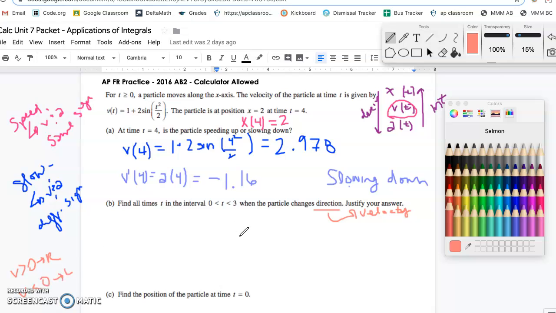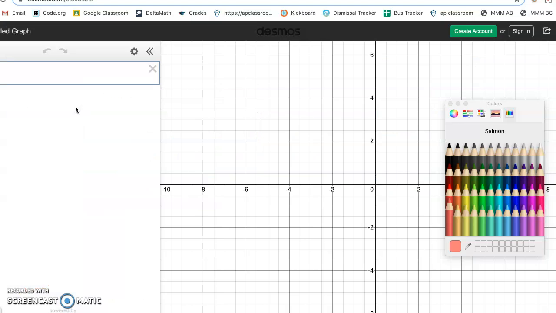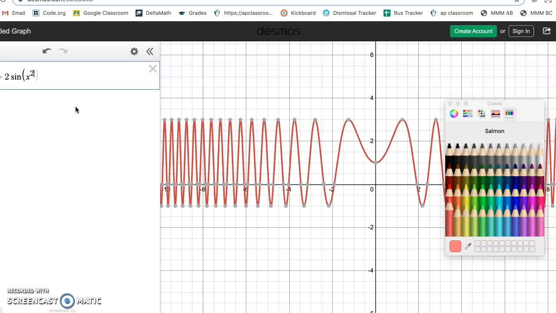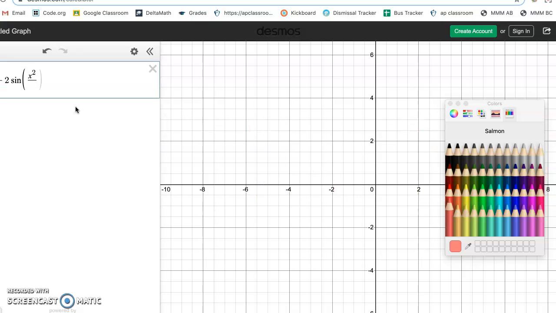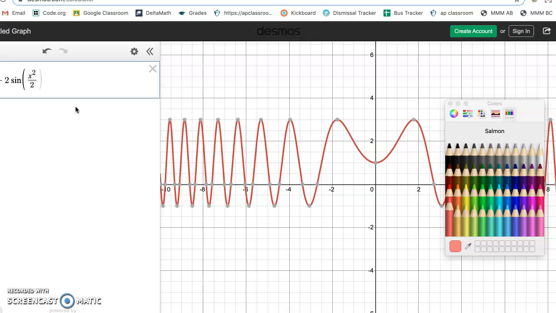So what we need to do is find all the times where it changes direction, so where velocity changes sign. I'm going to take my velocity and graph it: 1 plus 2 sine of x squared divided by 2, like that.